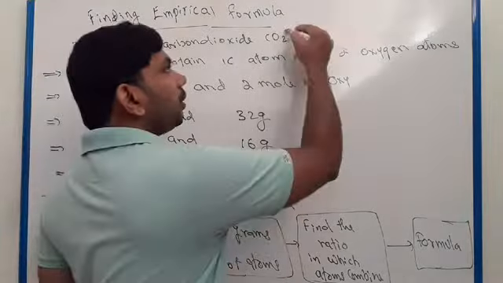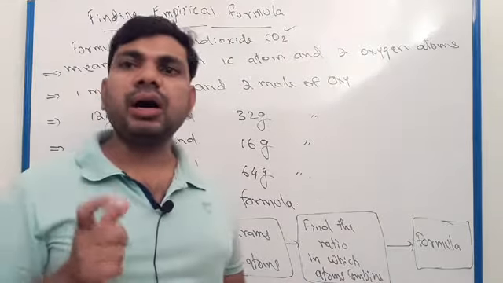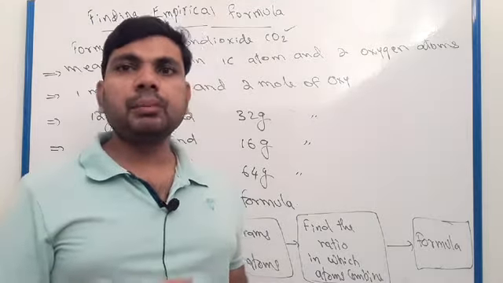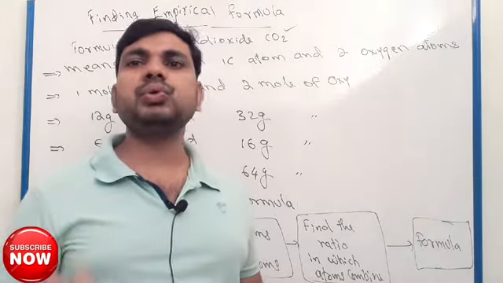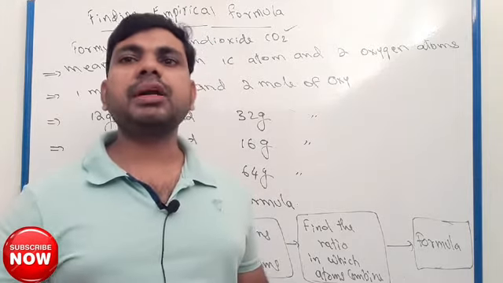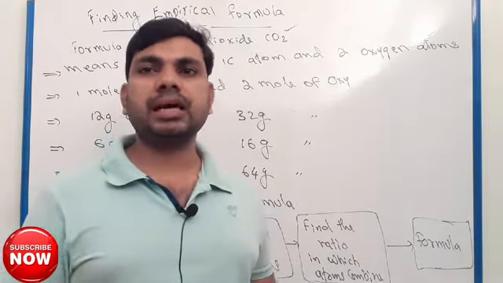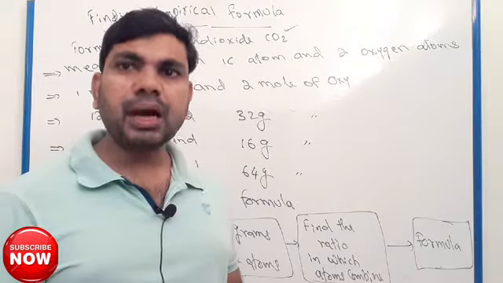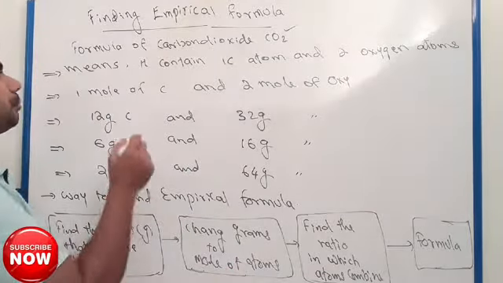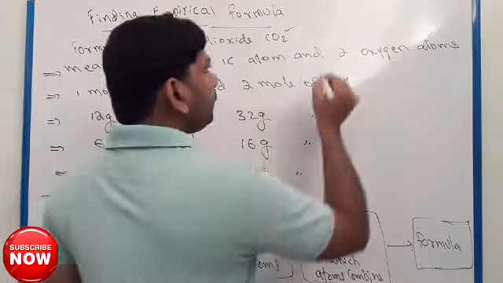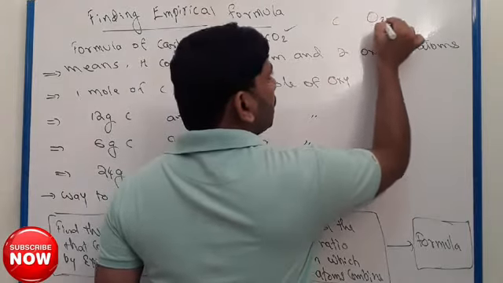Molecular formula of carbon dioxide CO2 means this carbon dioxide contains one carbon atom and two oxygen atoms. One carbon atom means one carbon.